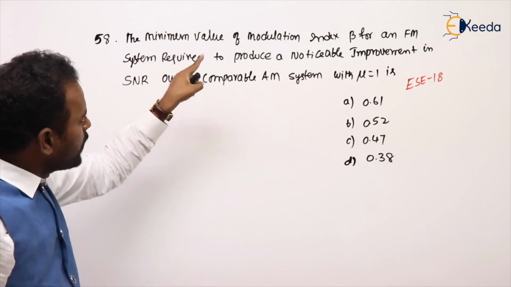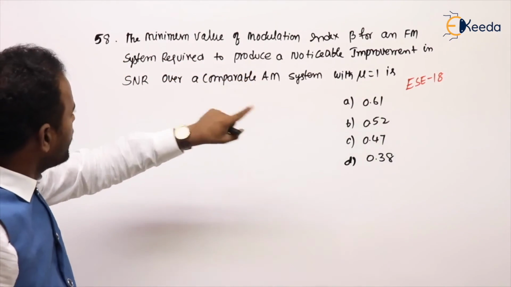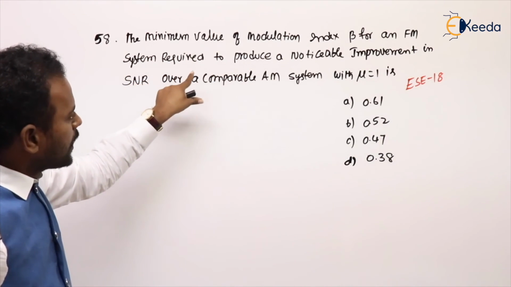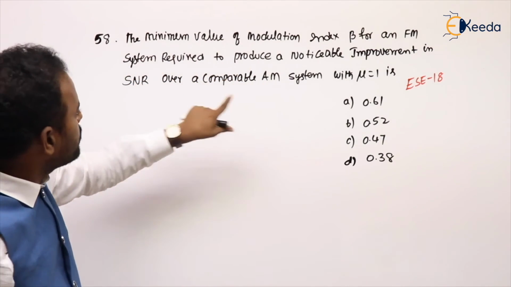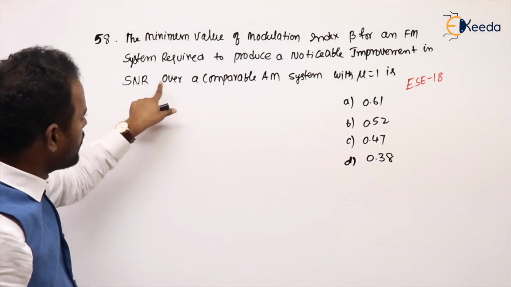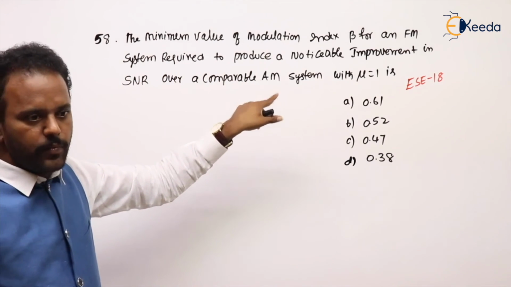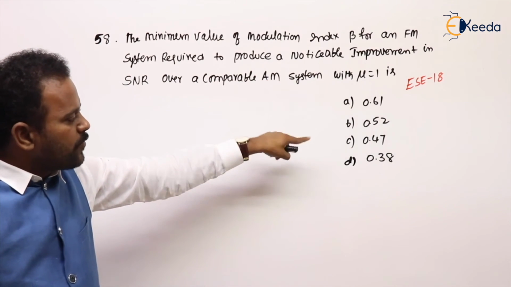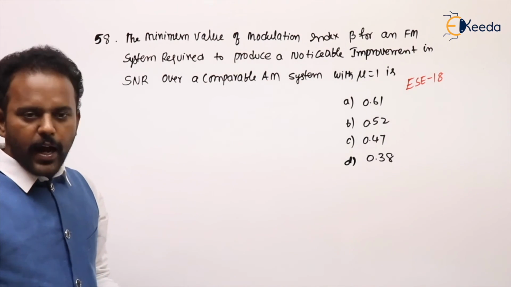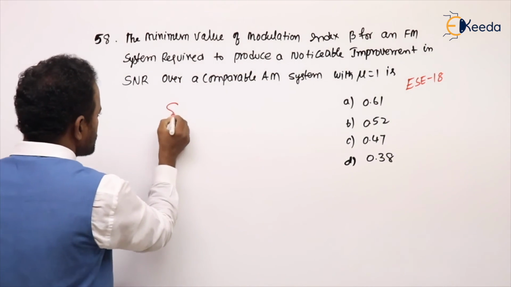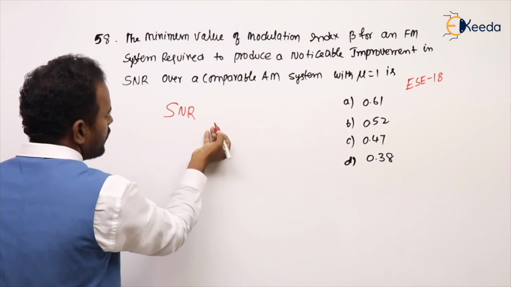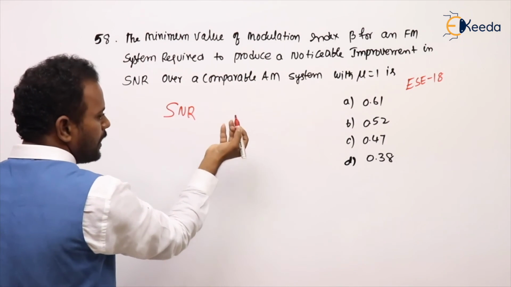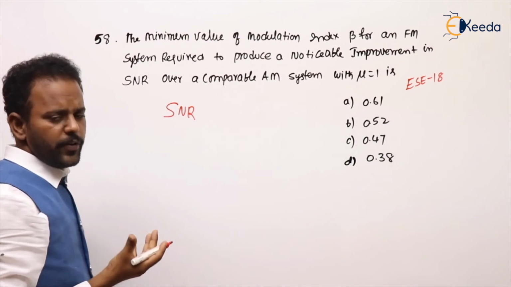The minimum value of modulation index beta for an FM system required to produce a noticeable improvement in SNR over a comparable AM system with mu equal to 1 is, options given: 0.61, 0.52, 0.47, 0.38. I already gave SNR values, that is the figure of merit, of course.